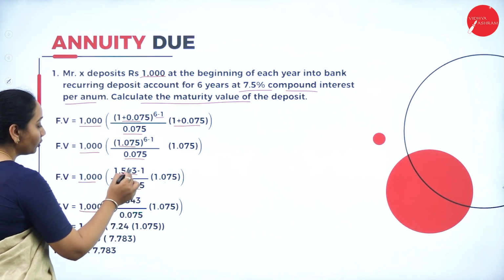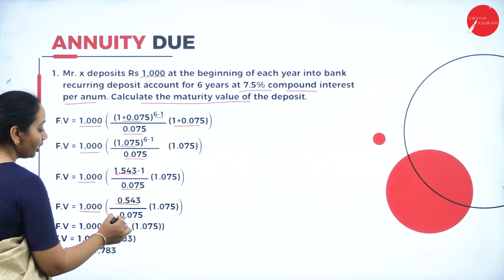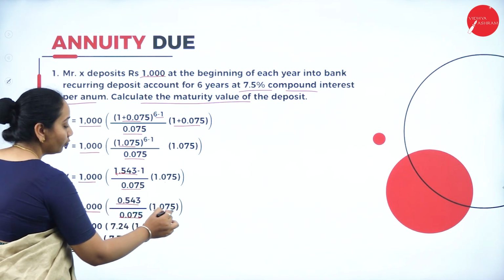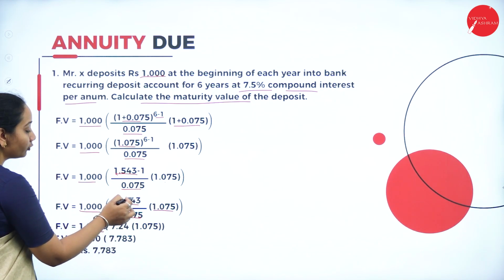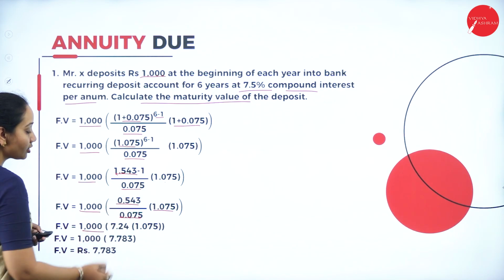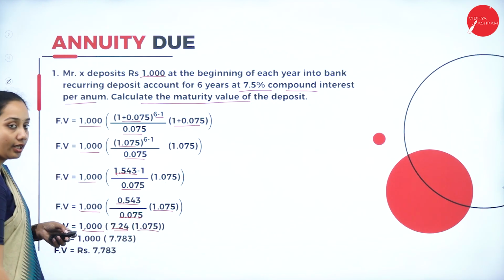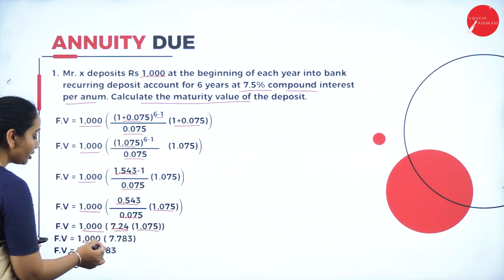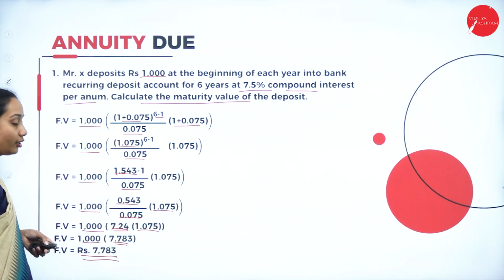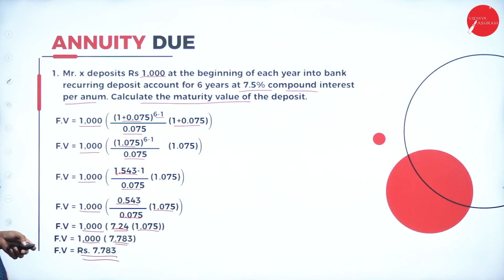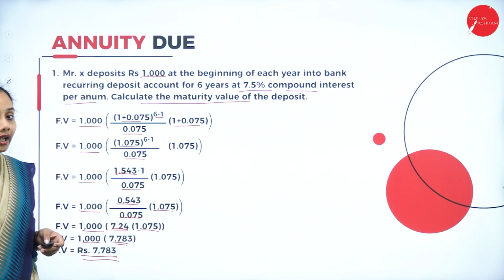Next step, 1,000 into 1.543 minus 1 will get 0.543, divided by 0.075 into 1.075. So 0.543 divided by 0.075 will get 7.24 into 1.075. So 1,000 into 7.783, we'll get a future value of 7,783. So this is how you calculate the future value in case of annuity due.